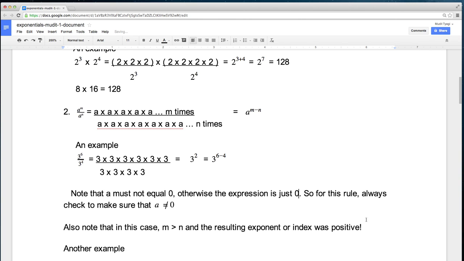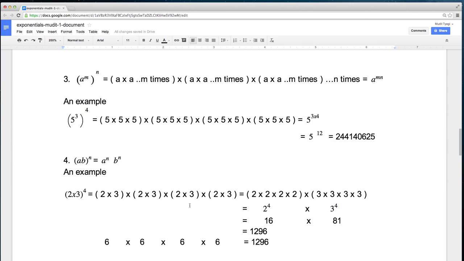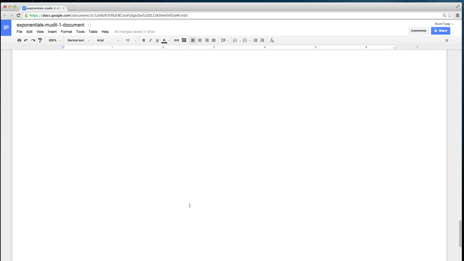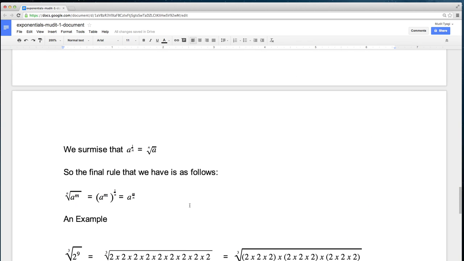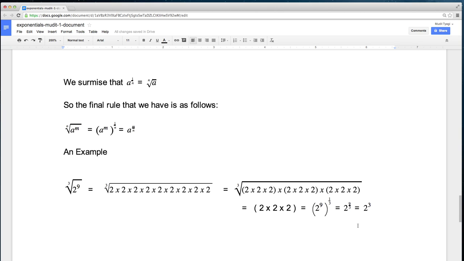Okay? So in order for this expression to make sense, a should not be 0.